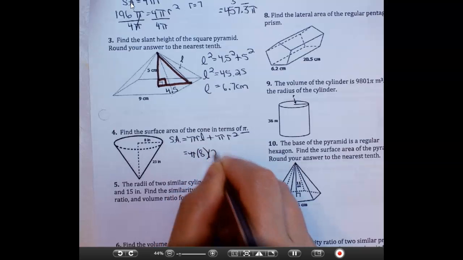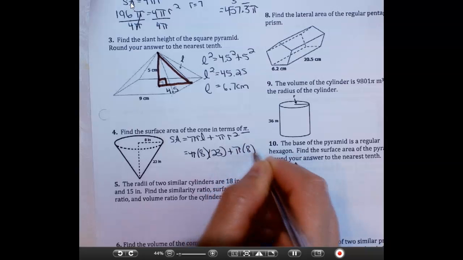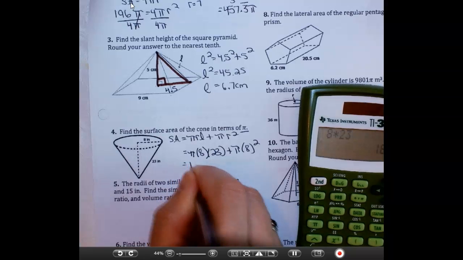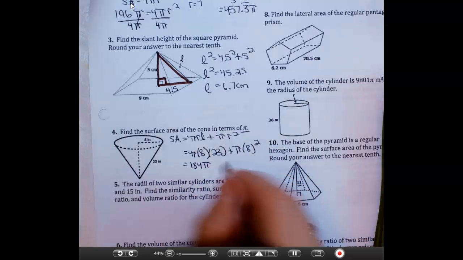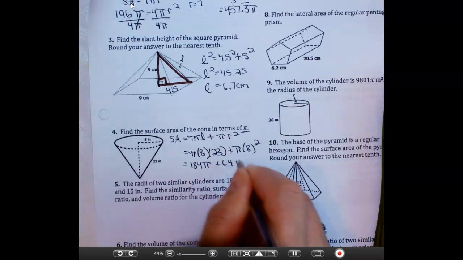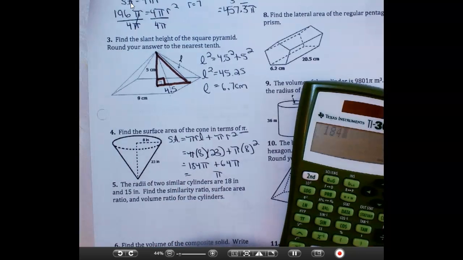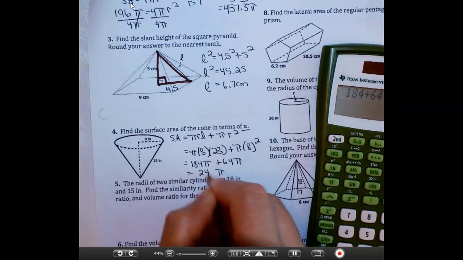L stands for the slant height, which I have also been given. So I'm going to go ahead and do 8 times the 23. That gives me 184 pi. And then 8 squared is 64 pi. And then finally, adding the 184 and the 64, we get 248 pi.